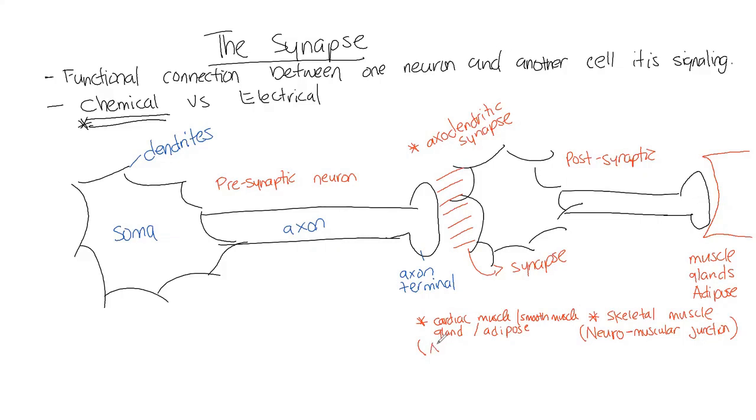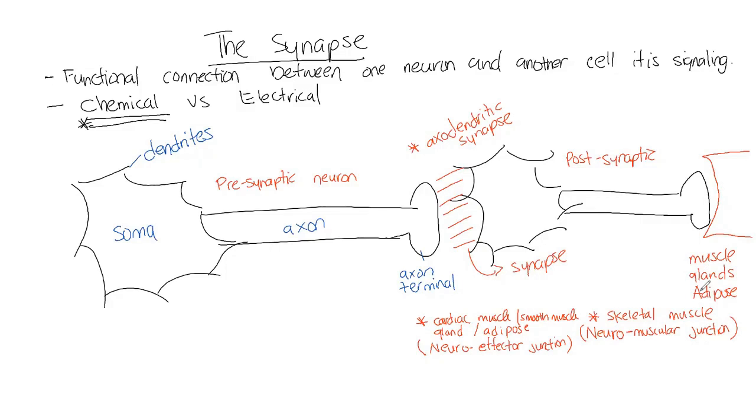It's called the neuroeffector junction, because these are considered effector cells. So the neuroeffector junction, okay?